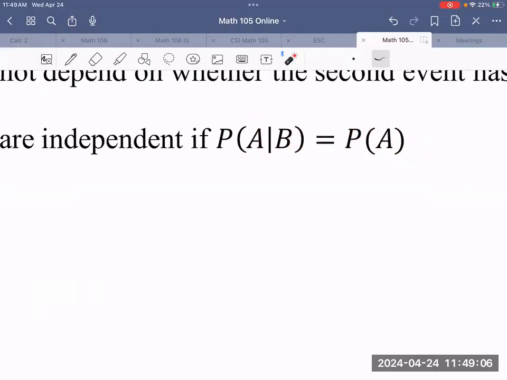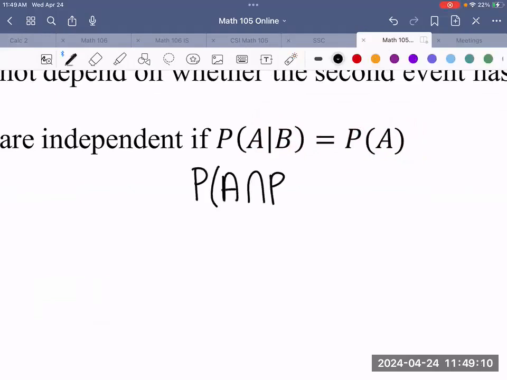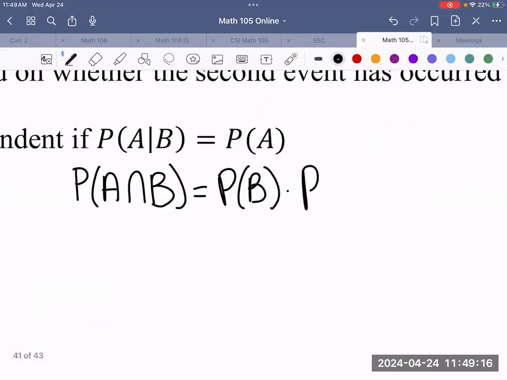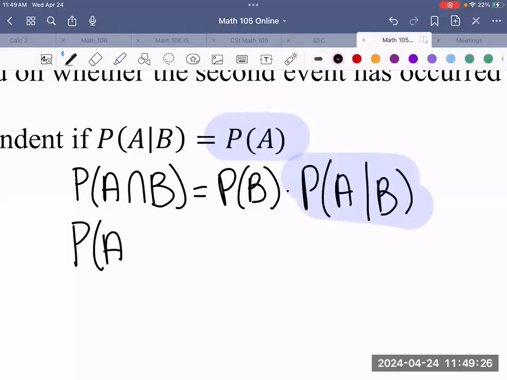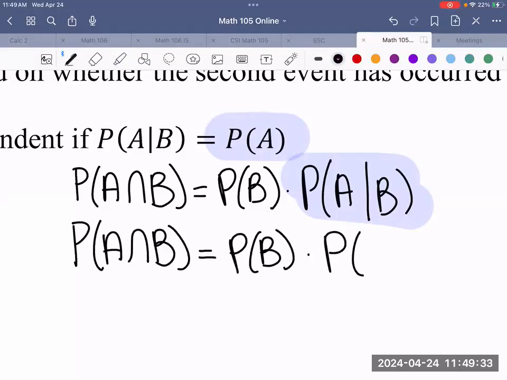If this used to be the equation of A and B, the probability of B times the probability of A given B, then since this here is equal to this here, we're just going to replace it. If they are independent, the probability of A and B is the probability of B times the probability of A.